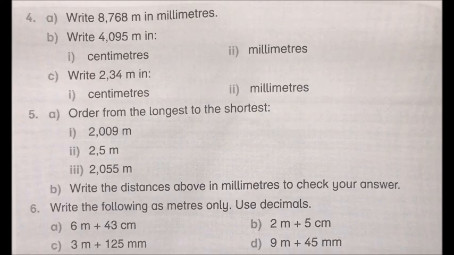For number 4, they want you to write 8.768 meters into millimeters. So you write out the sum equals and then the answer in millimeters. At B, you have to write 4.095 meters in centimeters and in millimeters.